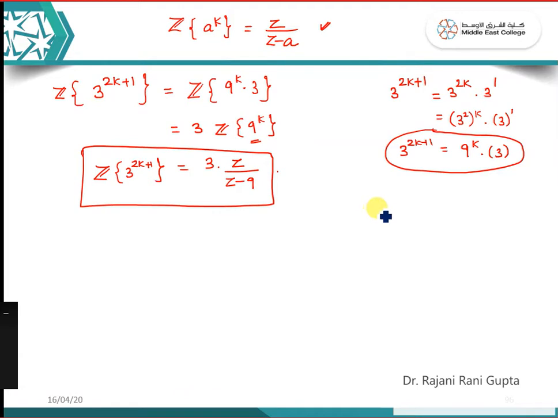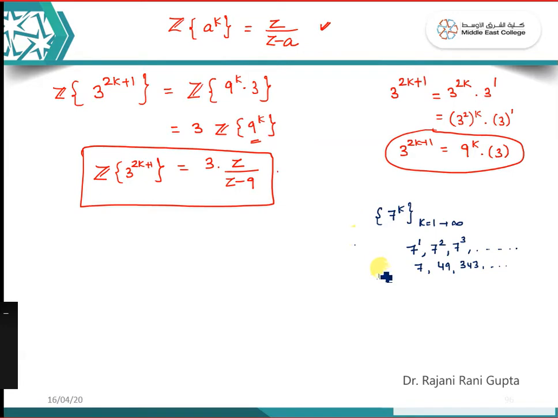When we write the sequence say 7 power k, the value of k varies from 1 to infinity. So it means 7 power 1, 7 power 2, 7 power 3 and so on. So this gives you the sequence 7, 49, 343 and like that.